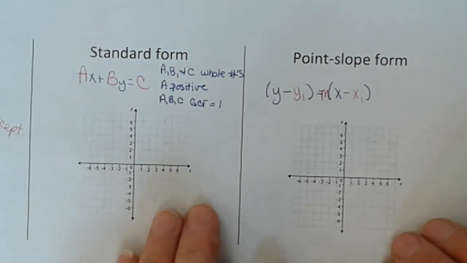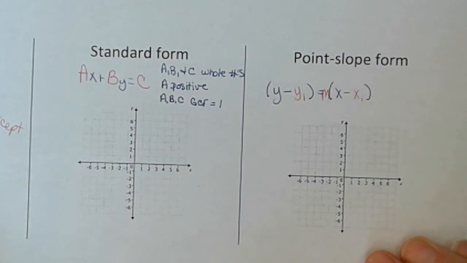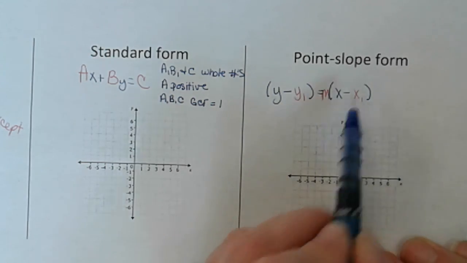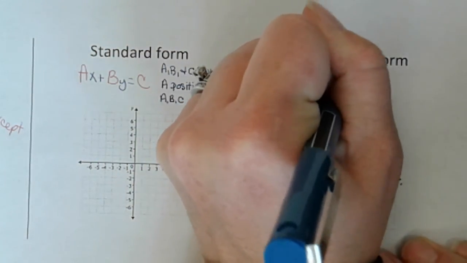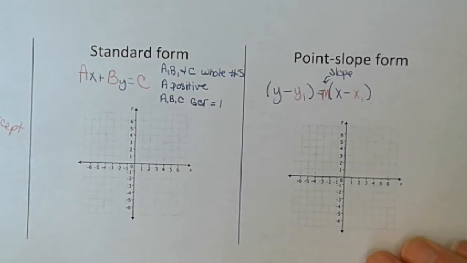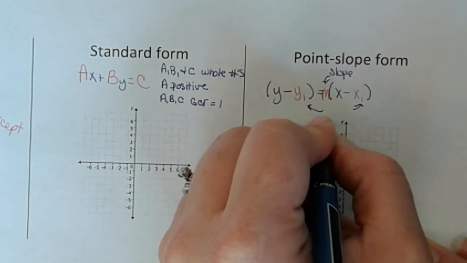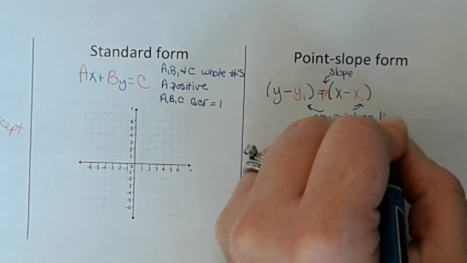So again, when you actually see this as an equation, this y and this x are still going to be there, and the red things, the y1, the m, and the x1, are all going to be replaced by numbers. So this right here is a slope, just like in slope-intercept form. And this y1 and x1 is any point on the line.